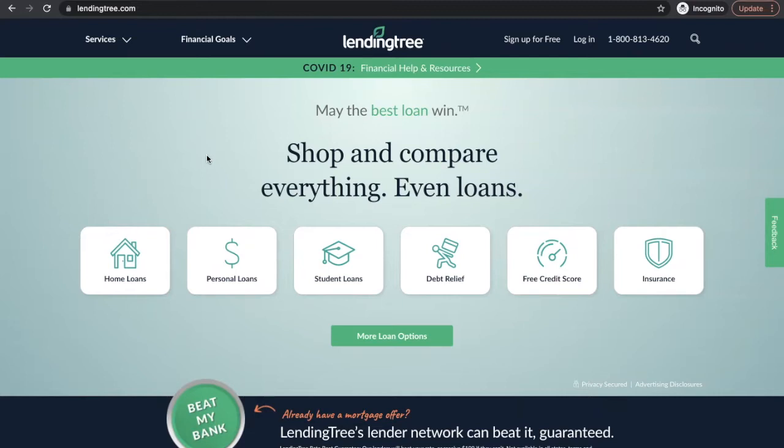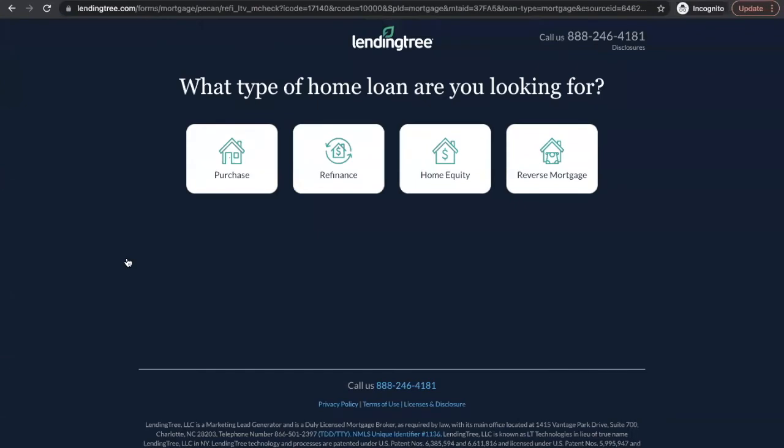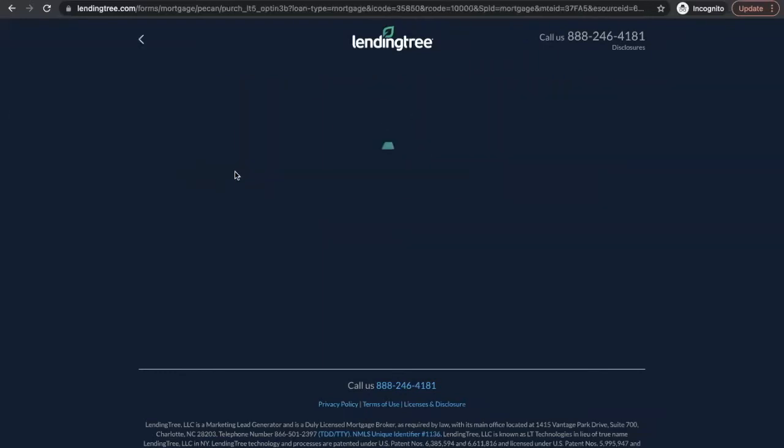The main experience that LendingTree offers, and probably the one they're most famous for, is the lead workflow funnel as you go through the home loan experience. They've probably had this for 20 years. We have a lead workflow funnel as well at Banking Bridge, and we looked at LendingTree.